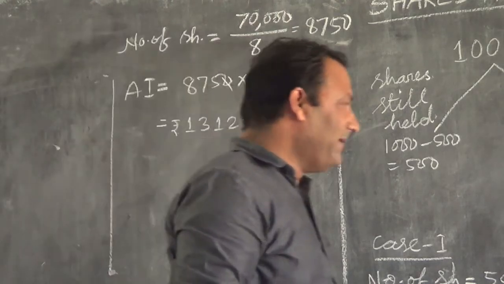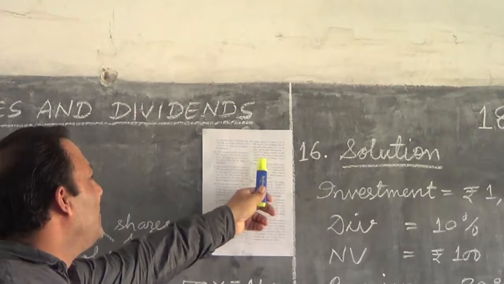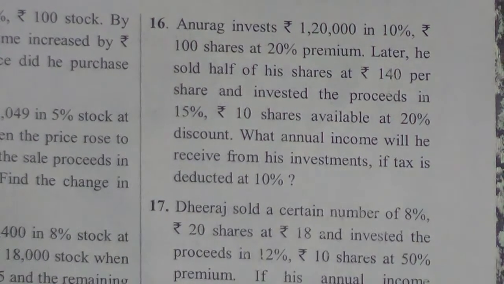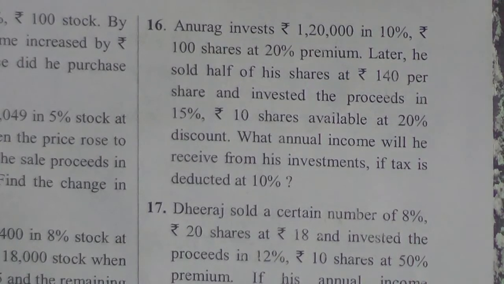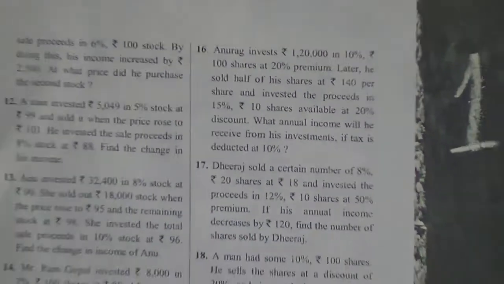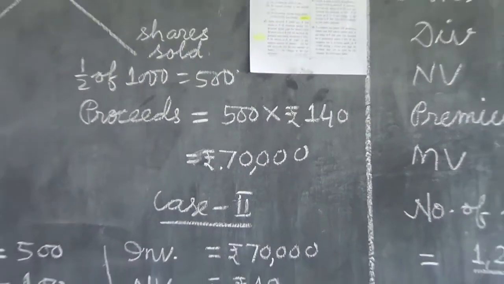But now you see what annual income will he receive from his investment if tax is deducted at 10%. So total annual income you have to calculate now.